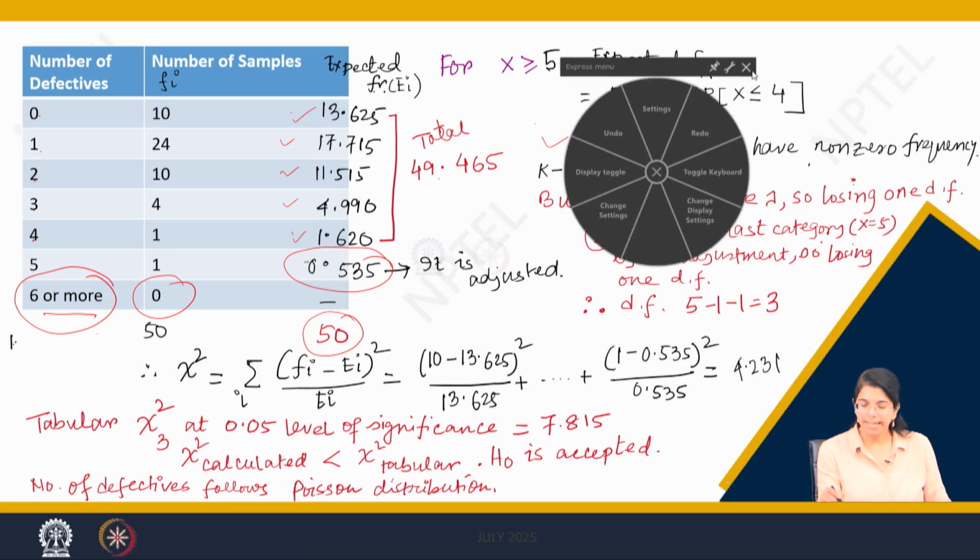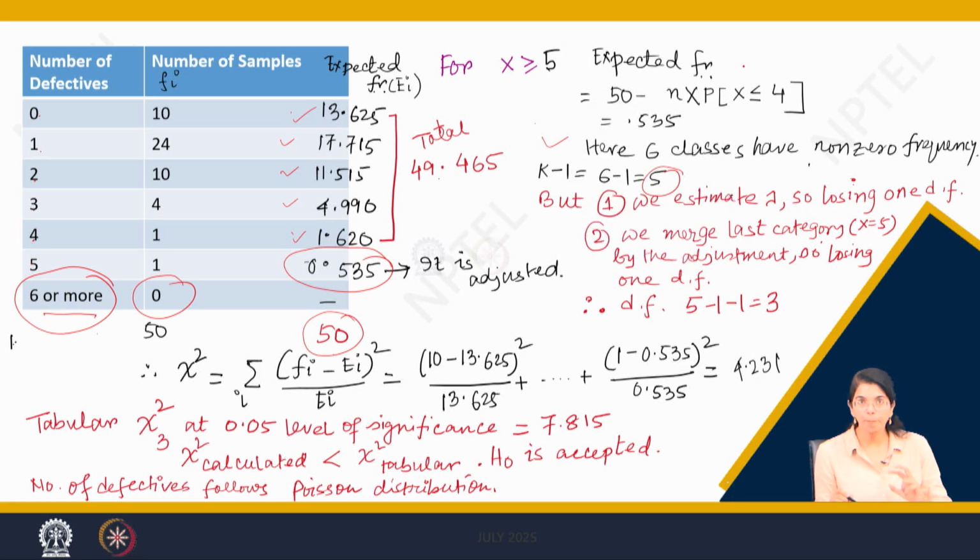But there are 2 more points. What are those 2 more points? 1, we estimated lambda, so we have to lose 1 more degree of freedom. Clear? So initially it was 5, now 4. And another point, we merged the last category x is equal to 5 by the adjustment. How did we adjust?